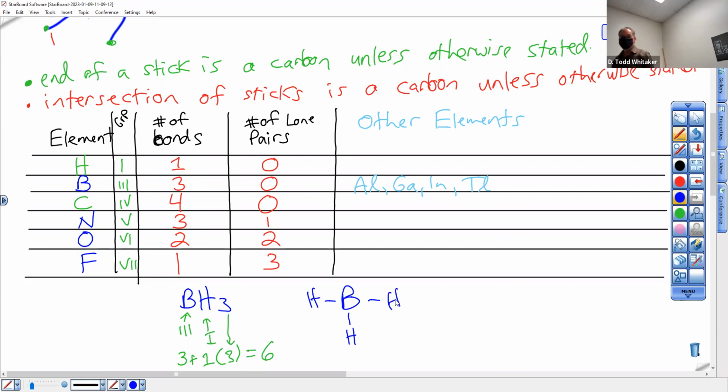You can't put a lone pair on there. You don't have that number of electrons. These Roman numerals tell us the number of valence electrons. That's what group is, right? Group is VE. What's VE stand for? Valence electrons, whose name is synonymous with Lewis.